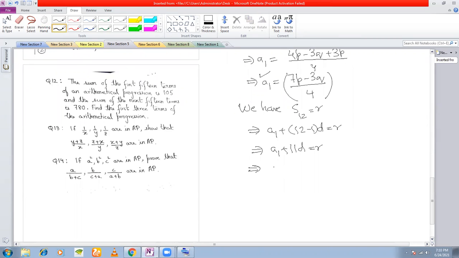The value of A1 that we have got above is (7P minus 3Q) divided by 4, plus 11 times the value of D that we have got, (Q minus P) by 4, is equal to R. Now what should I do? I should now take the LCM.